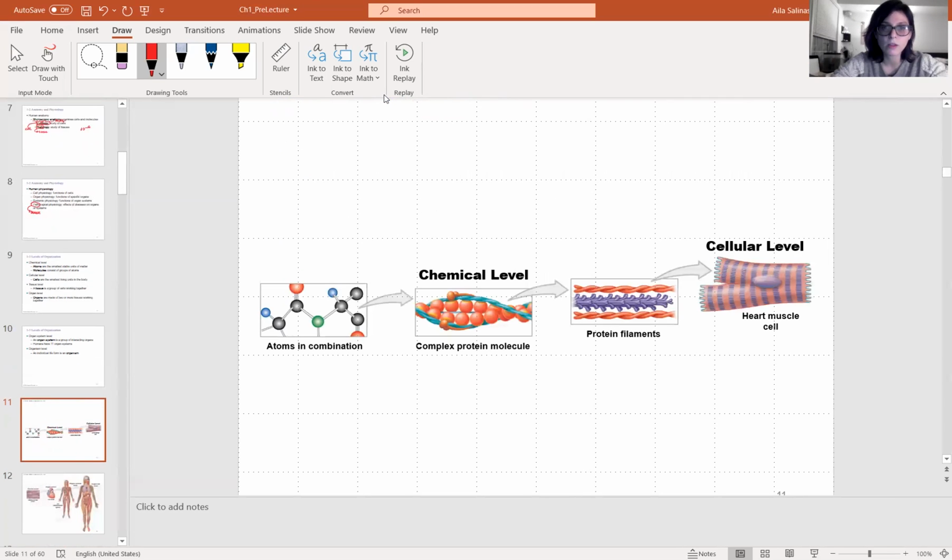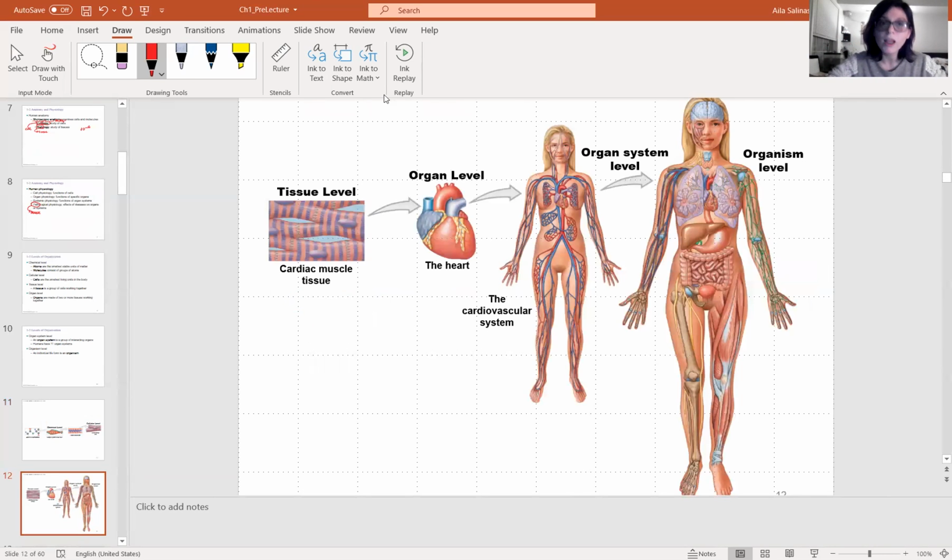So here we start with a combination of atoms that are going to form molecules, and a combination of molecules can make up a protein, several proteins. They make up filaments. And when we have several filaments working together, we have a muscle tissue. In this case, we have cardiac muscle. Cardiac muscle is the basic structure that composes the heart.